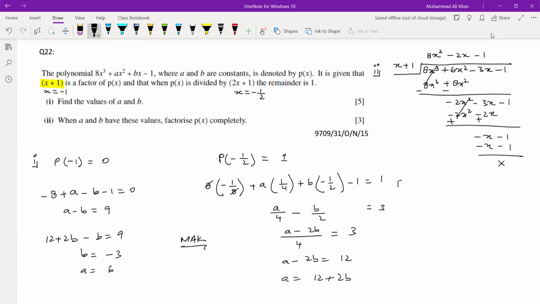Therefore, the factors of the polynomial: the first factor is x plus 1 and the second factor is 8x² minus 2x minus 1.